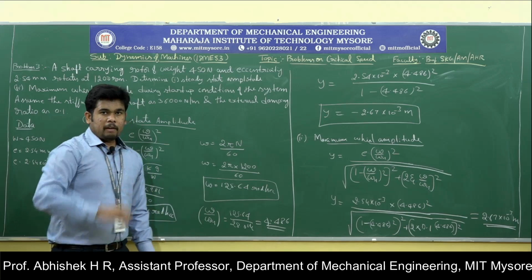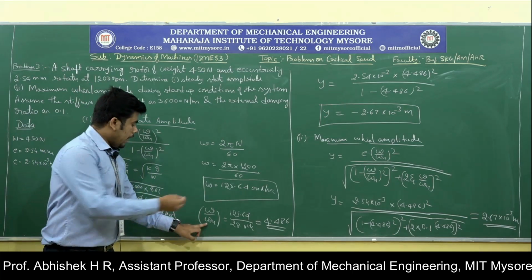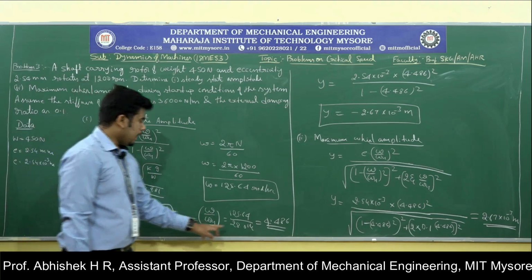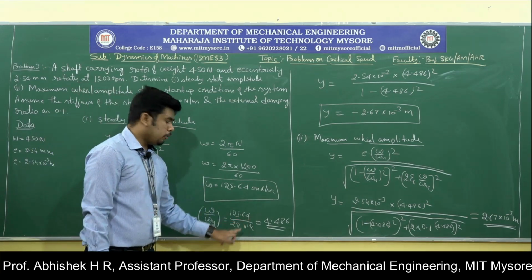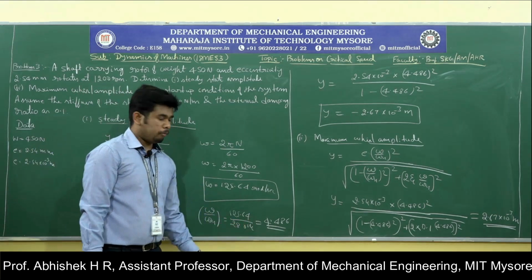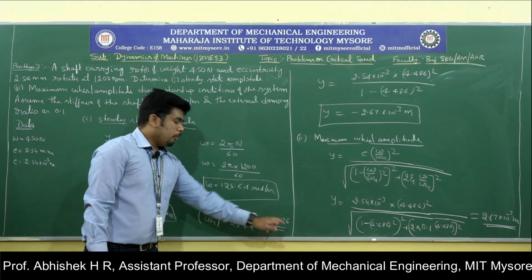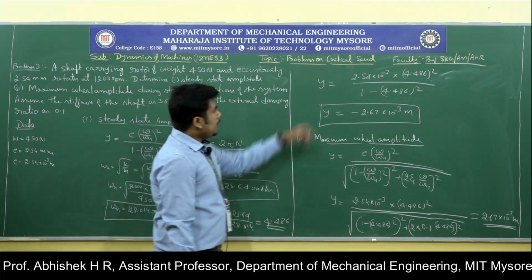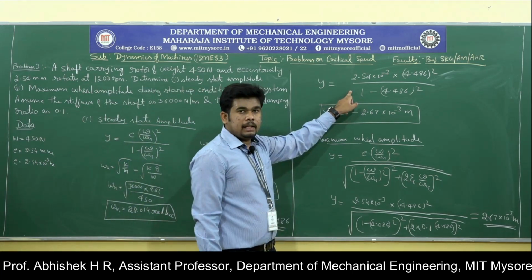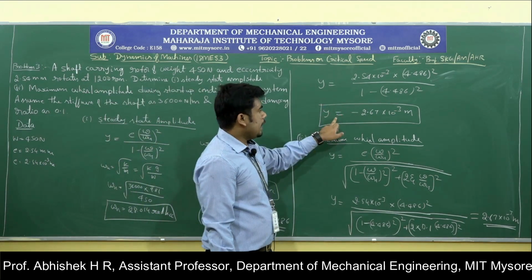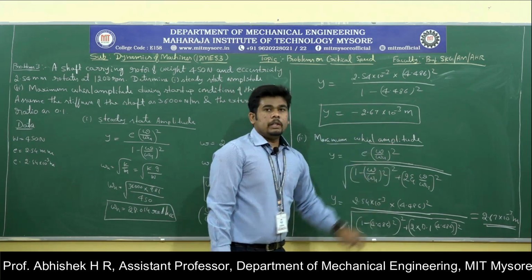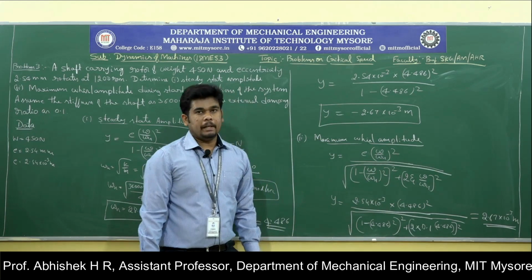So I got the value of the frequency ratio, omega by omega n, as 125.64 divided by 28.014, so we get 4.48. If you apply this in the steady state amplitude formula, we'll get the answer y is equal to minus 2.67 into 10 to the power of minus 3 meter.